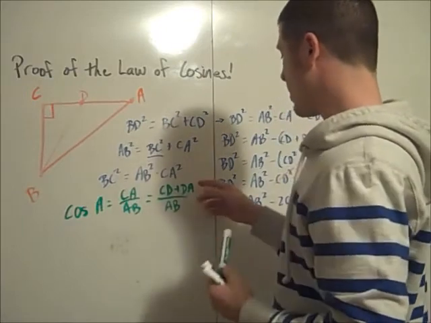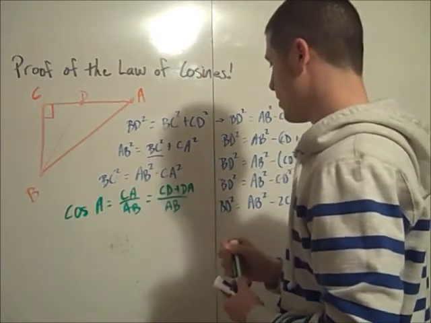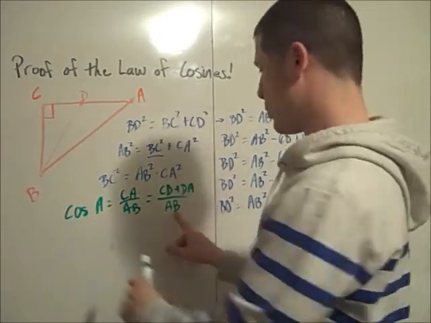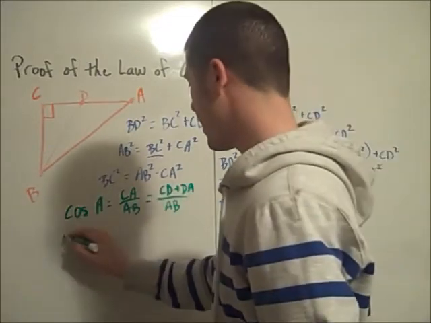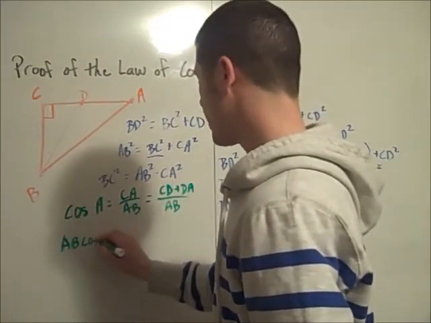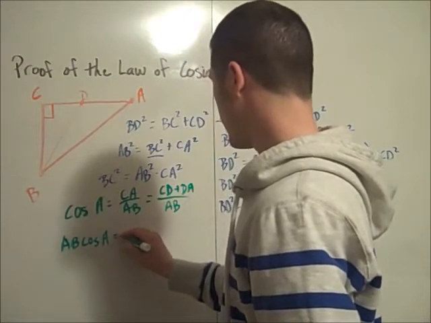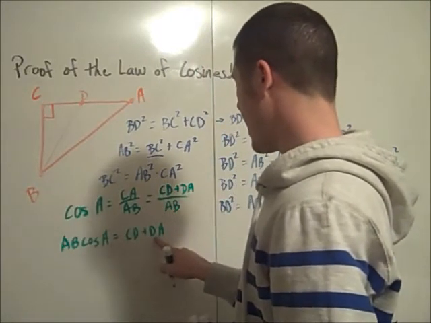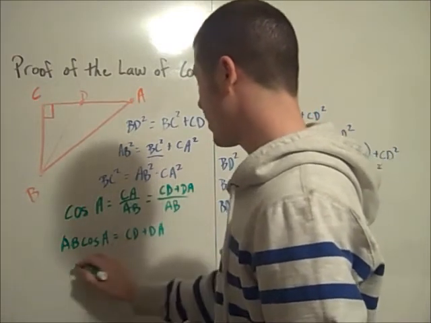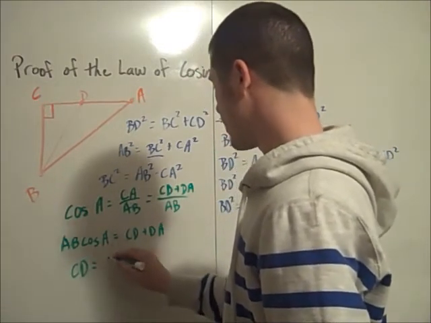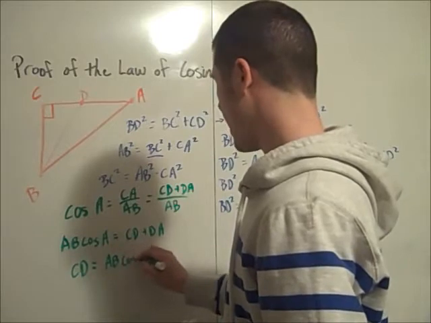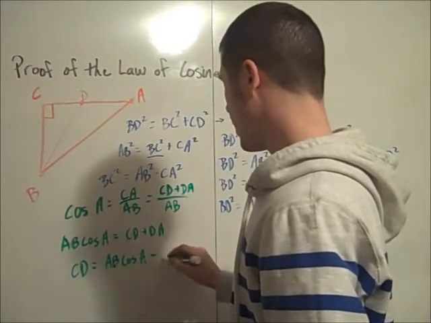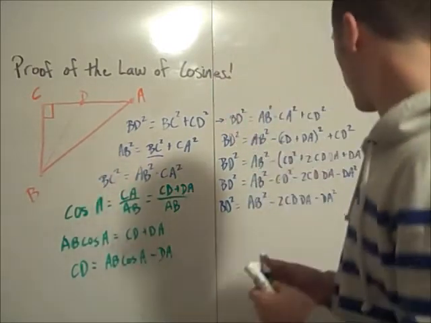And now let's solve this equation, cosine A equals CD plus DA, for CD. So I would multiply both sides by AB, so then I'd have AB cosine A equals CD plus DA, and then subtract DA from both sides. So I finally end up with CD equals AB cosine A minus DA. Okay, good.